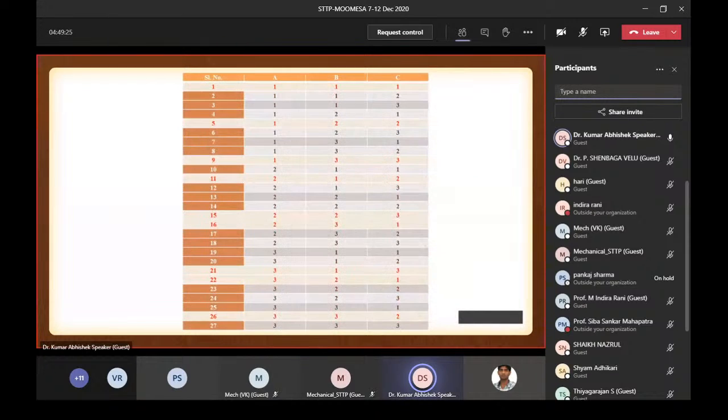If you look here, there are three factors and three levels, so the total possible combination of experiments is 27.